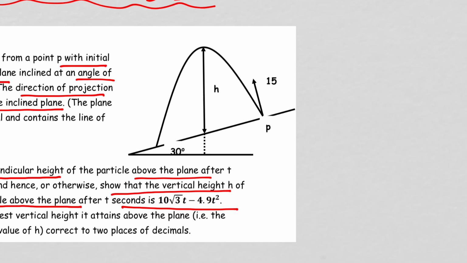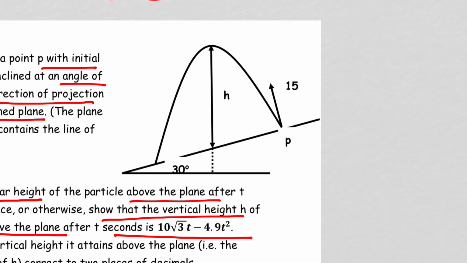So let's zoom in here on this diagram. The first thing we have to do is find the perpendicular height with respect to the plane. So if I mark that in, essentially I'm looking for this distance here, which is basically sy, the height above the plane, whereas we're looking for h, which is the vertical height.